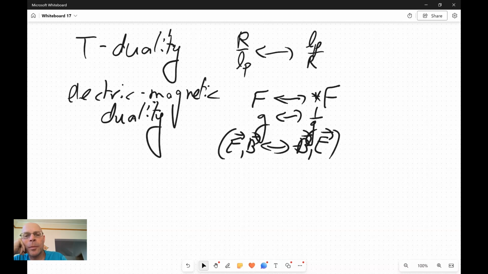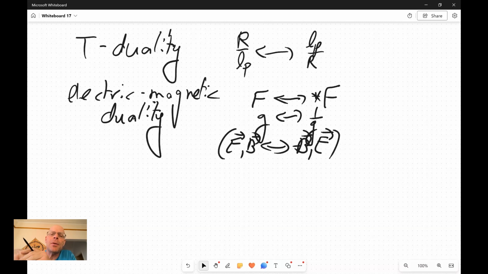Perhaps it's more familiar with E and B: E goes to B, and B goes to minus E. So electric-magnetic duality maps one theory of electromagnetism to another theory of electromagnetism.